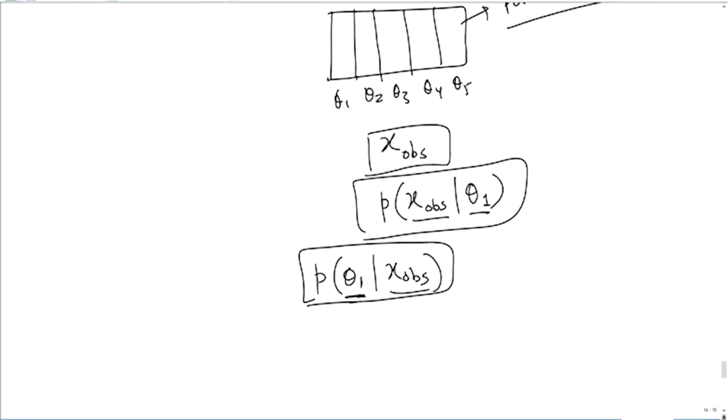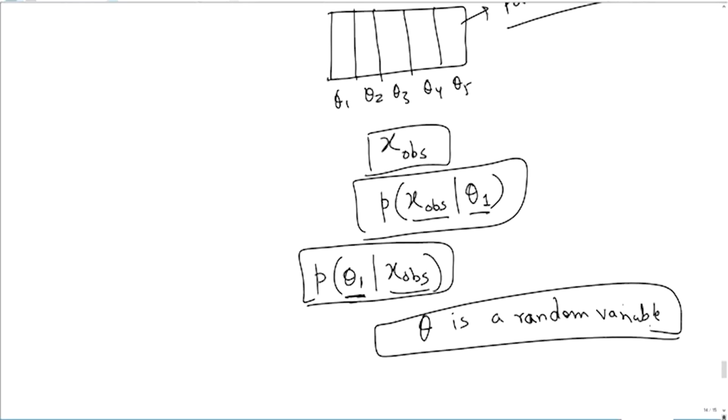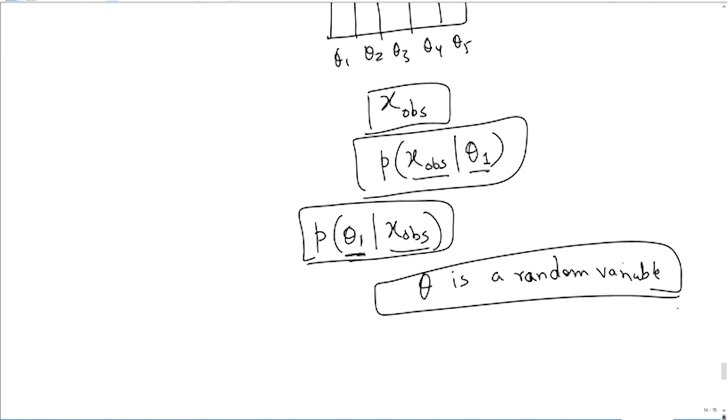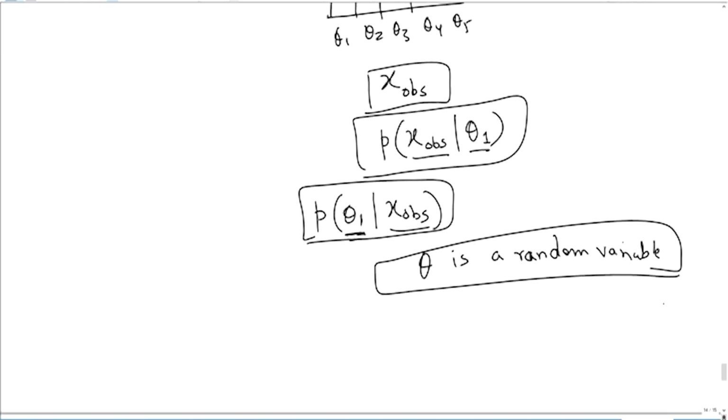This is because in Bayesian inference we are treating theta as a random variable. I will come back to this point later, but right now if you are having this question in your mind, why we are interested in the probability distribution and not just a point value, this is because we are treating theta as a random variable. Okay, so theta is not a constant point value.